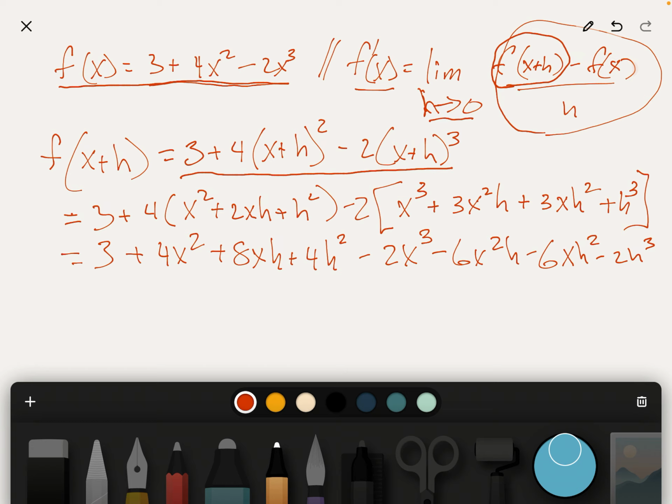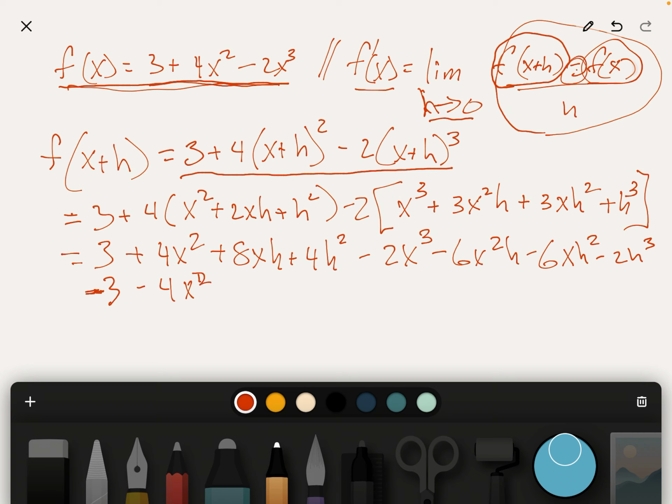And now we're going to subtract f of x, and f of x is right here, so that's easy. So let me just put a minus sign here. And notice I'm going to write the terms in the corresponding location so we can do some easy subtraction. There's a minus 3. There's a minus 4x squared.